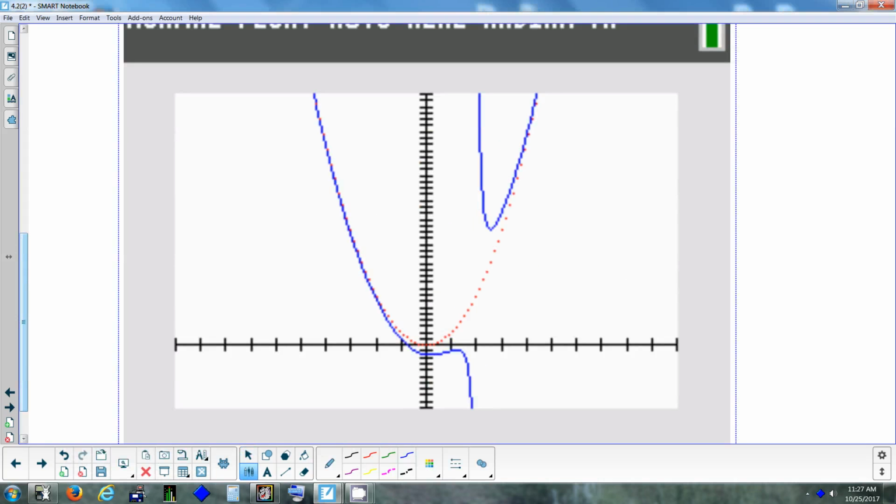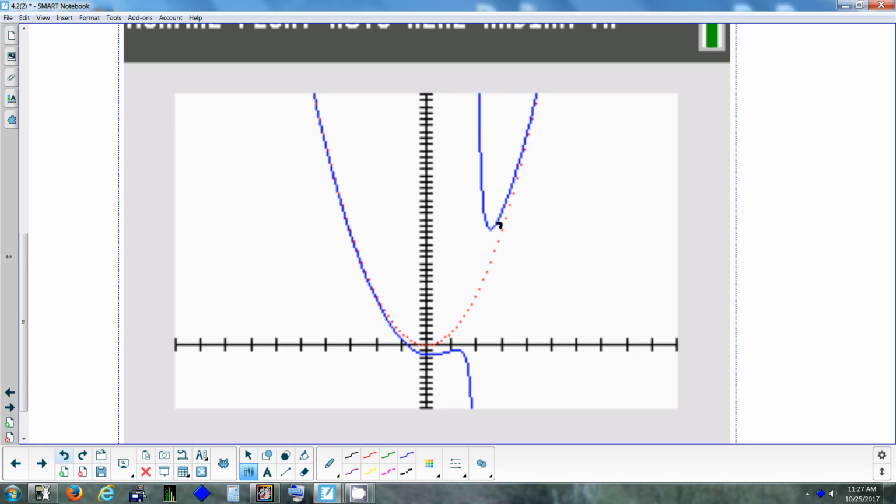Can people tell how this part right here and this part are getting closer and closer together? Okay, that's the asymptote. On the other side, same idea. Those red dots and the blue line are getting closer and closer till finally they're so close it looks like they're right on top of each other. If I could make the dots even smaller, you would see that they're not.